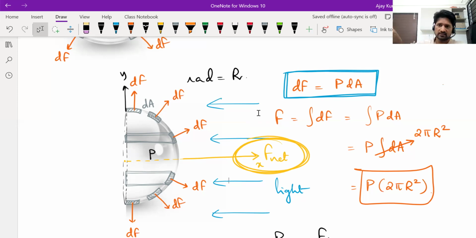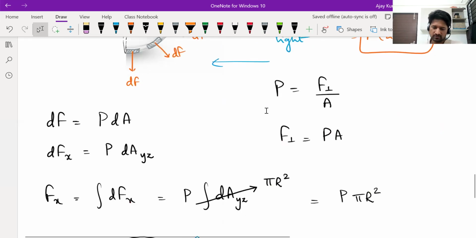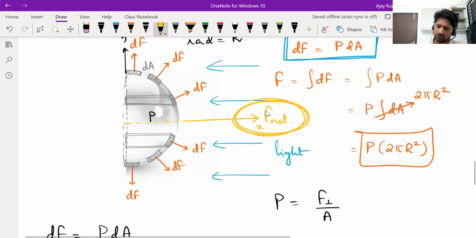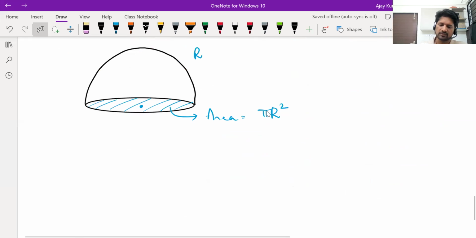Now, if force is along the x-axis, the surface that you need to consider is in the YZ plane. So to calculate that force along the x direction, you need to multiply pressure with area in the YZ plane. And imagine integrating all the patches of area in the YZ plane, you get the area of that circle, which is the base of the hemisphere basically.